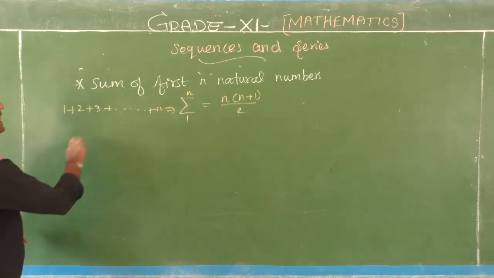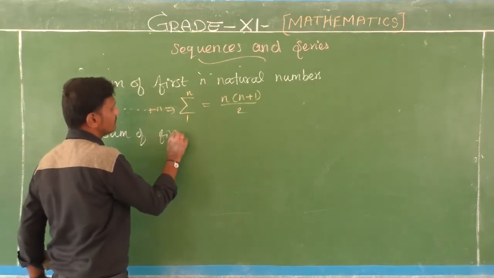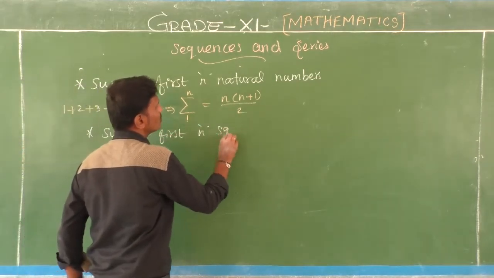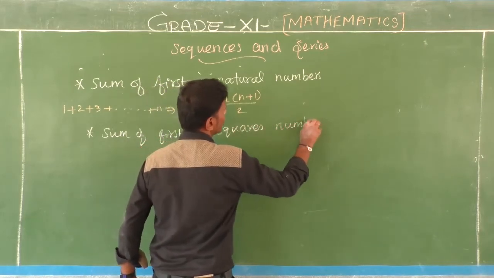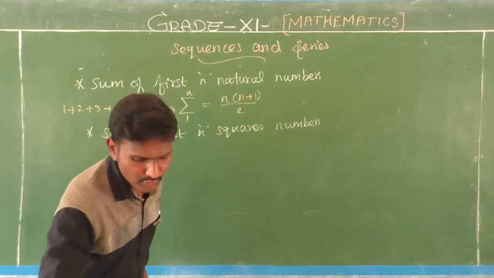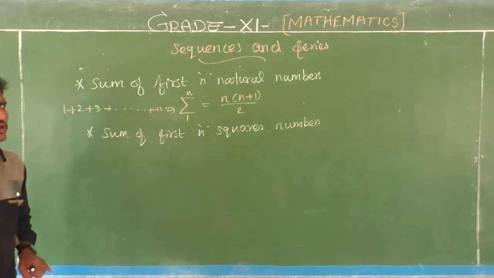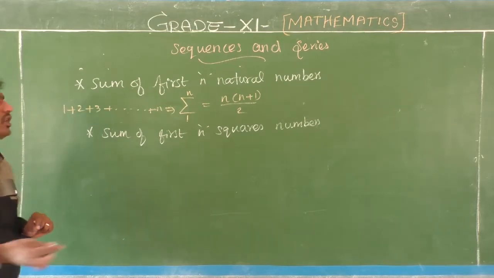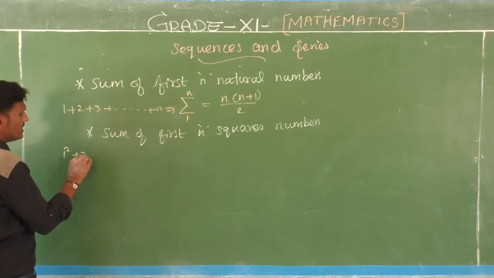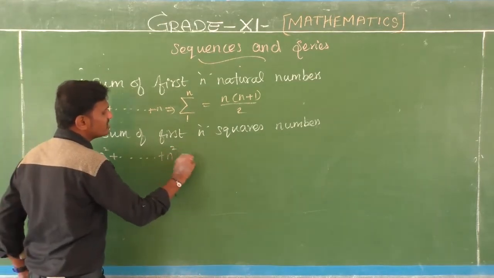Yes students. And the second formula is the sum of the first n squares. That is also very simple. Square means, as you already know students, a number multiplied by itself, the same number. That is 1 square plus 2 square plus 3 square plus up to n square.